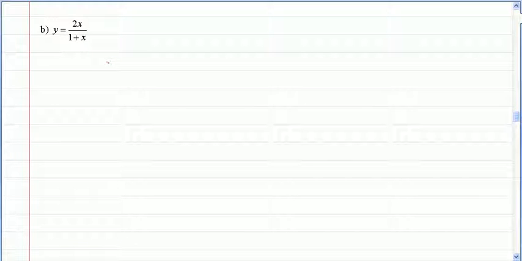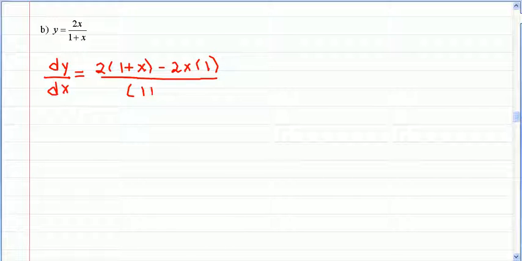For part B, once again I'm just given a function and I want to find dy, so I start with dy dx, and this derivative just requires the quotient rule. So I have 2 times 1 plus x minus 2x times 1 over 1 plus x squared, which is 2 plus 2x minus 2x over 1 plus x squared.